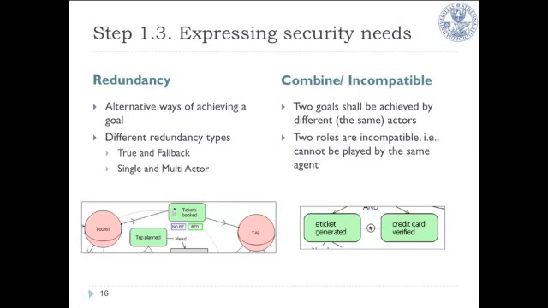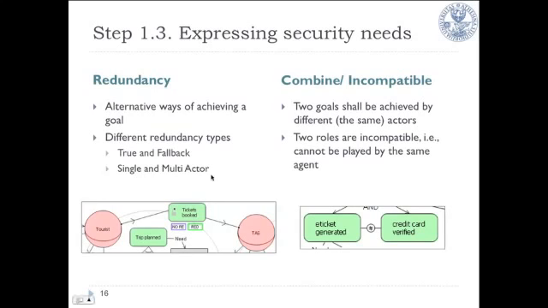So in that case, you'd have, for instance, the actor decomposing the goal into at least two sub-goals and achieving both of them at the same time, not selecting one or the other. Fallback redundancy, on the other hand, refers to having one primary strategy that is followed to achieve the goal, and if that fails, then another one is selected.